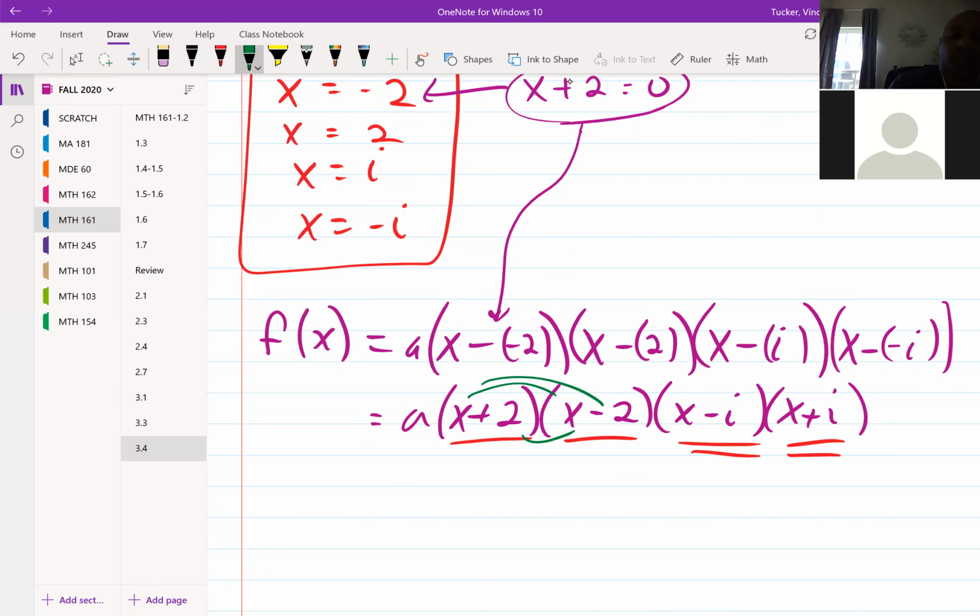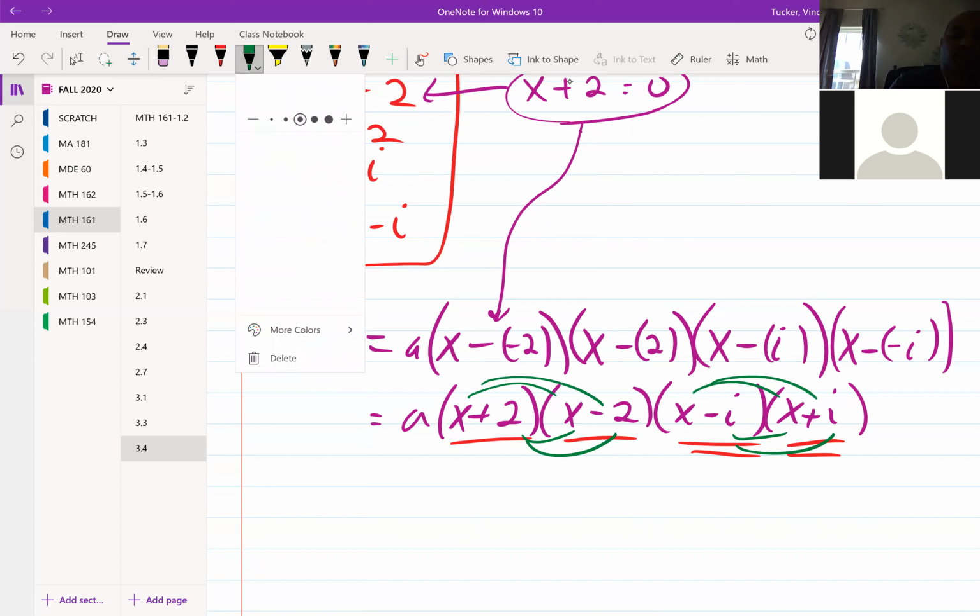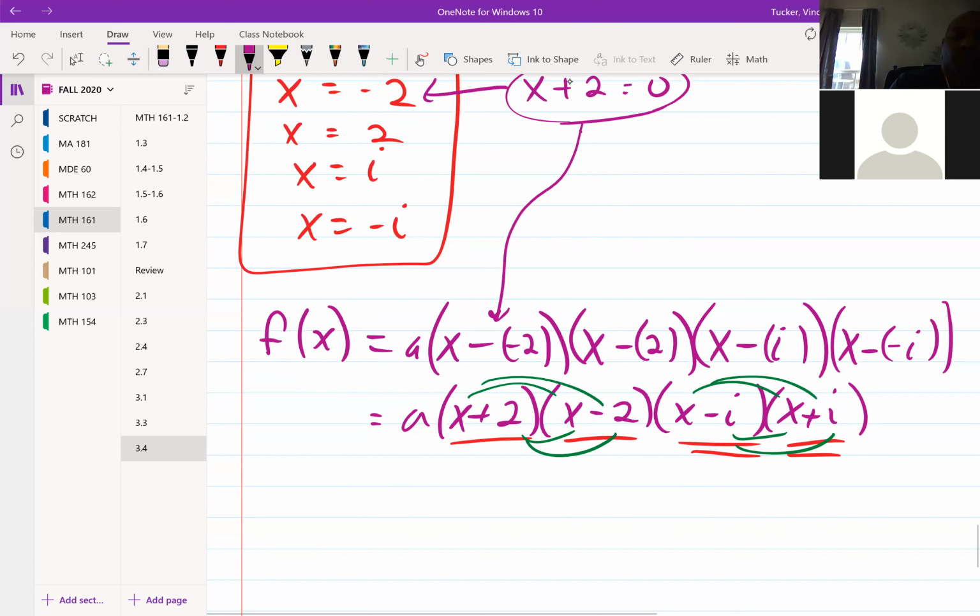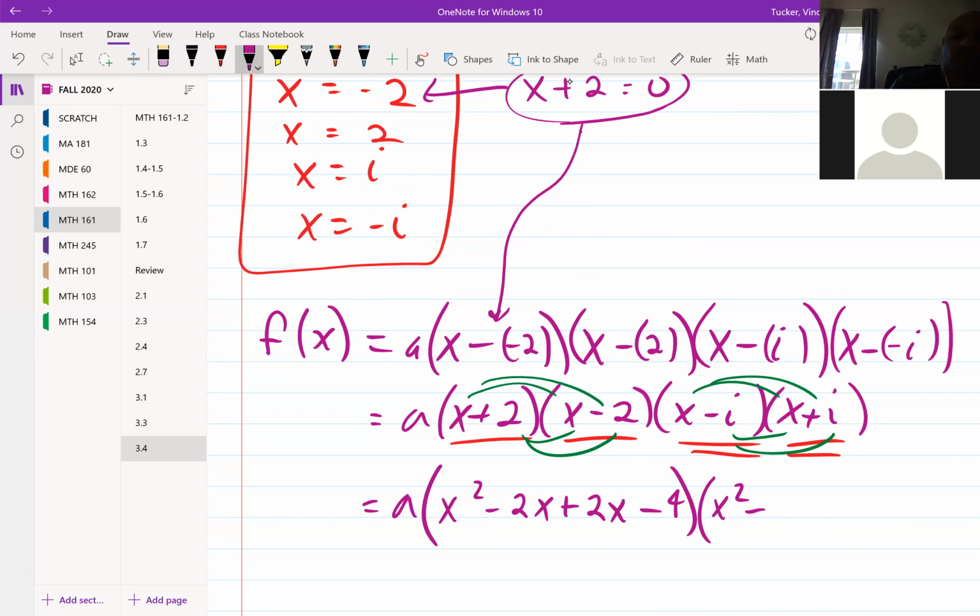Same thing happens here. Just doing our distribution. So a is still there. We got x squared minus 2x plus 2x minus 4. x squared plus ix minus ix minus i squared.